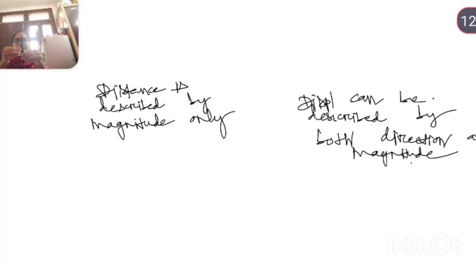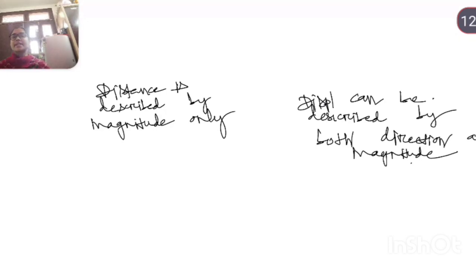If I ask the size of the pen in vertical direction, the size will be the same, 10 centimeters only. Whether it is horizontal or vertical, the size will not change. So distance is always described by magnitude only.